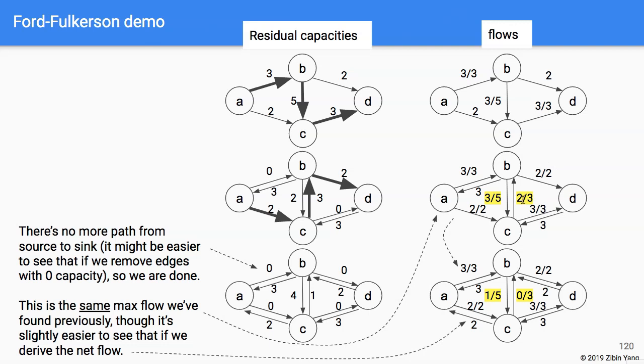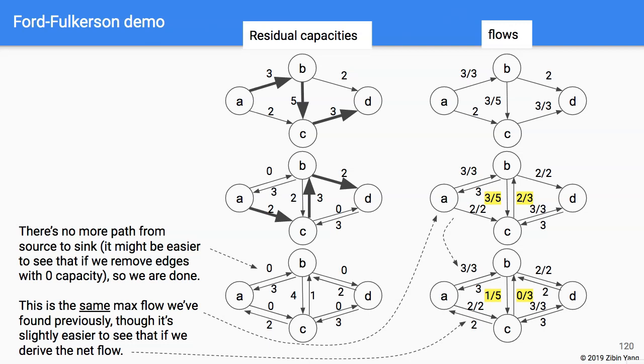It's slightly different from what we had before, because previously in the algorithm there is a net flow of 1 here, but if you look at what's going between B and C now, it's 3 going one way, 2 going the other way. So by the concept of net flow, it's the same as a net flow going from B to C. Okay, so I hope that makes sense. If not, go back and look at the whole explanation again.